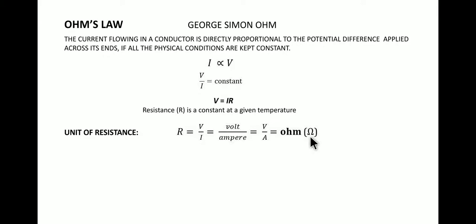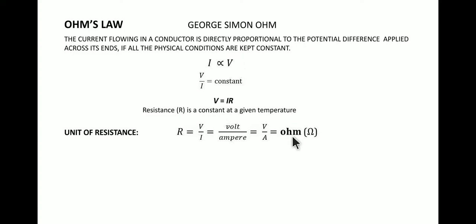Whenever we need to write down the resistance of a particular conductor, we write this sign, and we read it as ohm. So what is 1 ohm equal to?